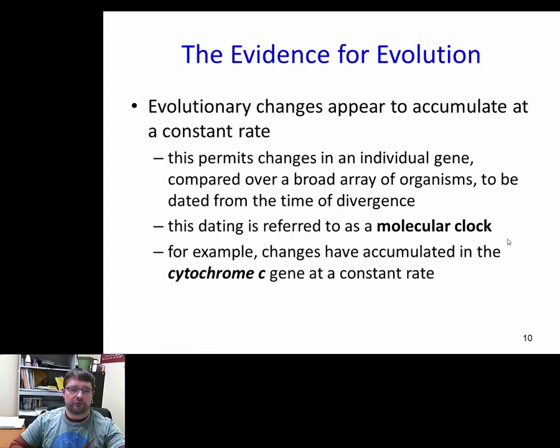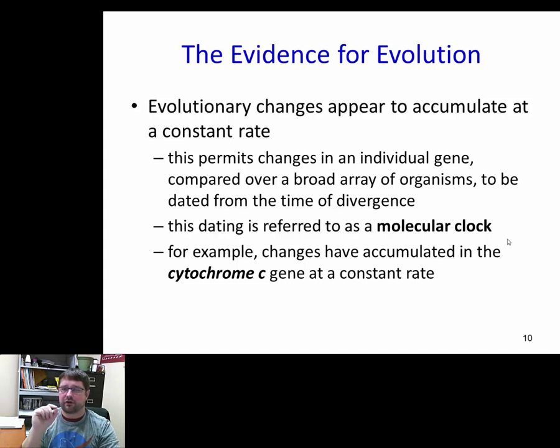A good example of this is cytochrome C. Cytochrome C is a gene that's found in every organism that has an electron transport system, which we know that any organism with a mitochondria will have. Even organisms without mitochondria still have electron transport systems, but concentrating on organisms with mitochondria, cytochrome C is the protein that allows electrons to bind up to oxygen to produce metabolic water.